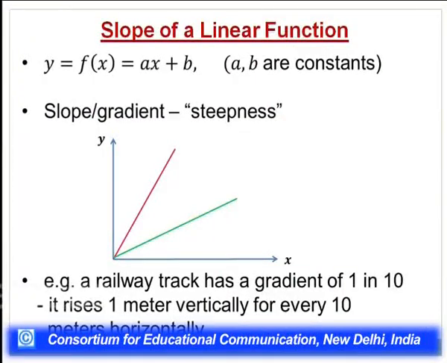Now, what does this mean? It means that the railway track rises 1 meter vertically for every 10 meters horizontally. So, we are basically looking at the vertical rise over the horizontal rise.